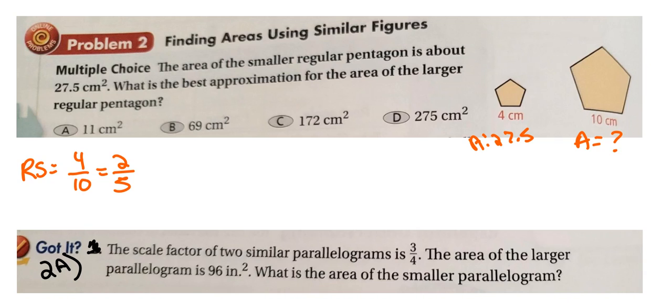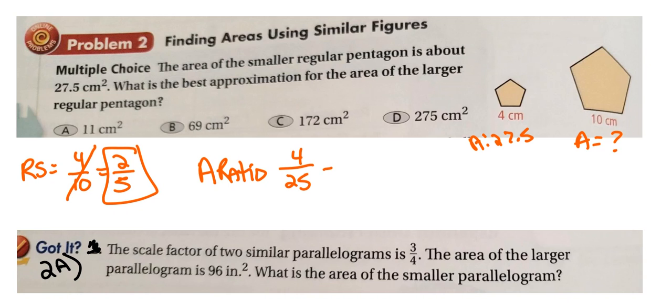So if that's my ratio of similarity, that means my area ratio is going to be this squared. So it's going to be 4/25. So for my area, it's going to be 4:25, as this is the ratio for the smaller pentagon.